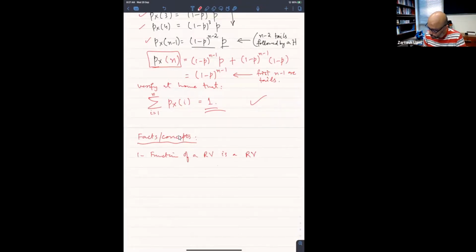Function is a box जिसको आप एक नंबर इनपुट करते हैं और वो एक नंबर आउटपुट कर देता है. Number in and number out. This is exactly what a function does. X square plus 3x plus 2. X की वैल्यू इनपुट करेंगे, वो आपको एक नंबर आउटपुट कर देगा. So function just takes a number input and gives you a number output.